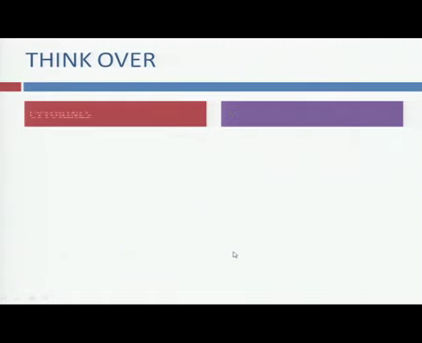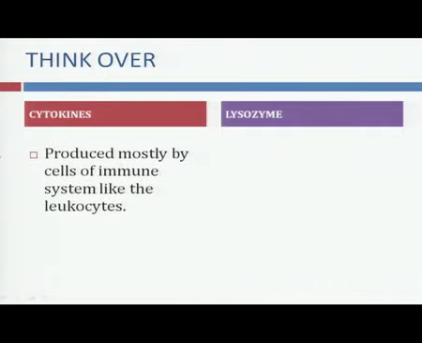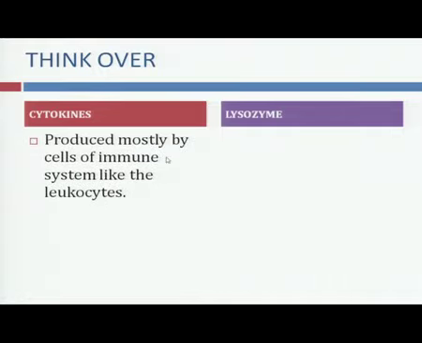The next pair was somewhat tricky and it was of cytokines and lysozymes. Well, we see that cytokines and lysozymes are similar in that they both form part of the innate immune system, but then how are they different? Well, cytokines are produced mostly by cells like leukocytes.